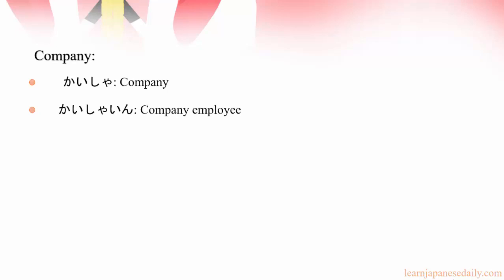The vocabulary about company are 会社, company. 会社員, employee of a company. But if you use the name of a company, you will say 社員. For example, ABC 社員, employee of ABC company.